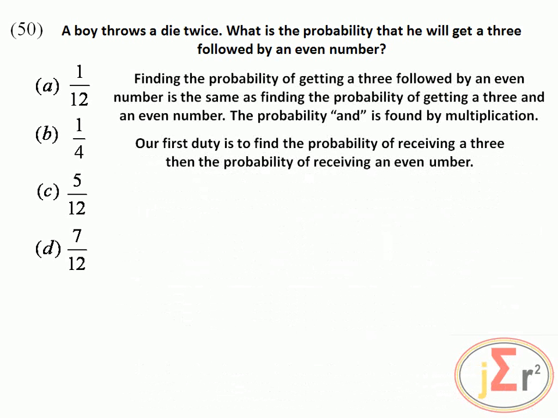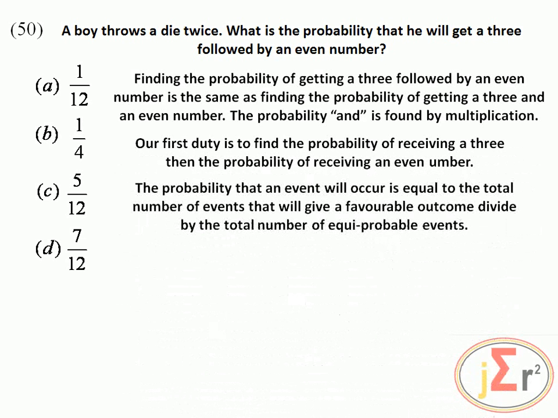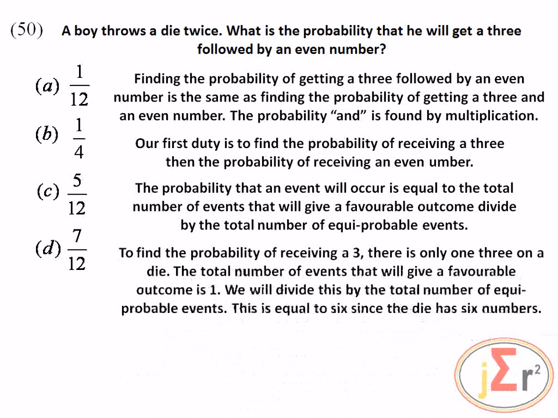Our first duty is to find the probability of receiving a 3, then the probability of receiving an even number. The probability that an event will occur is equal to the total number of events that give a favorable outcome divided by the total number of equiprobable events. To find the probability of receiving a 3, there is only one 3 on a die.